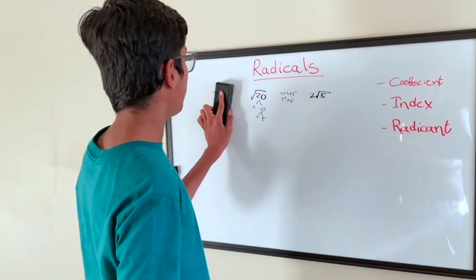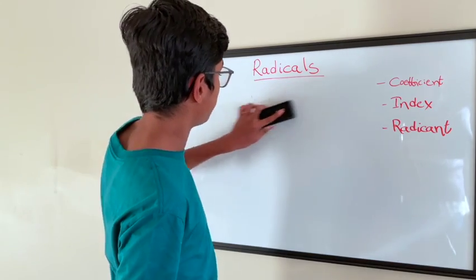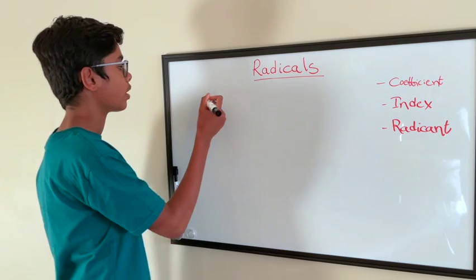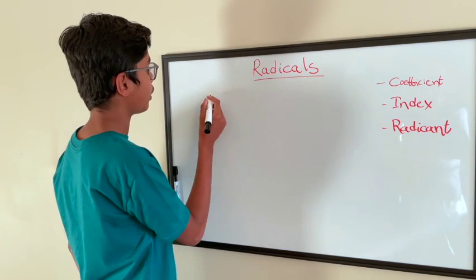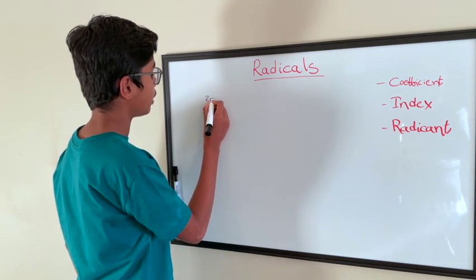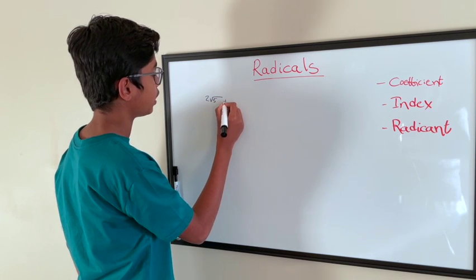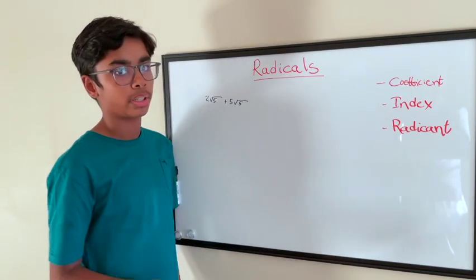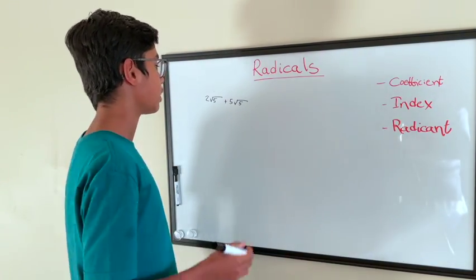So now, how do we add radicals? If you want to know what 2 square root of 5 plus 5 square root of 5 is, how do we do that? Well, it's actually very simple.